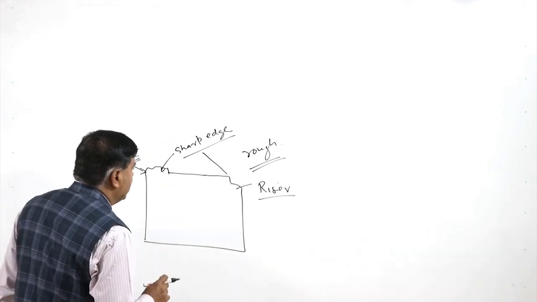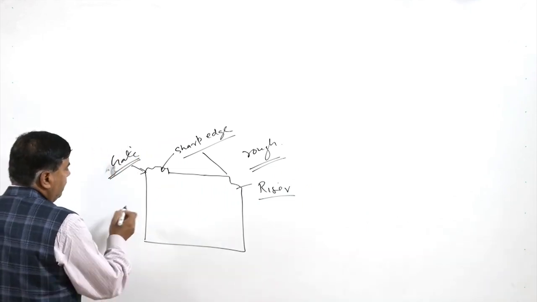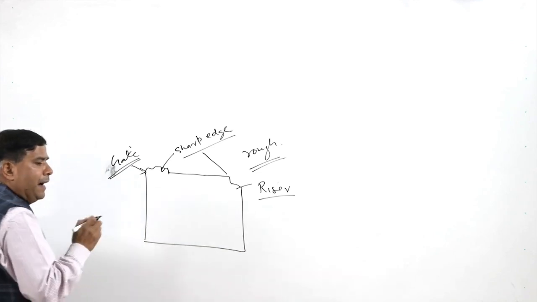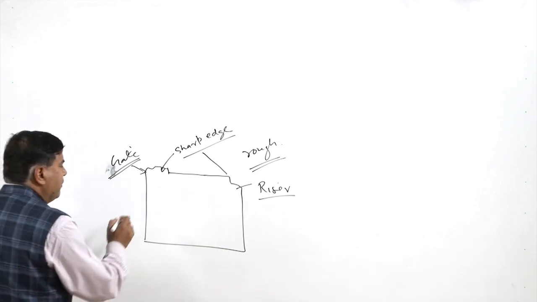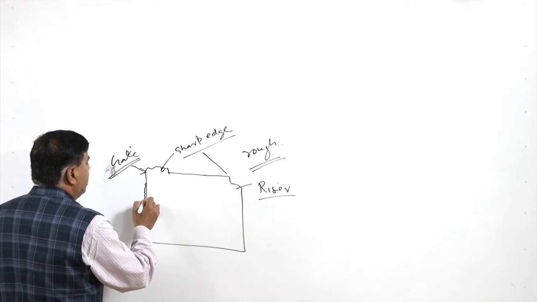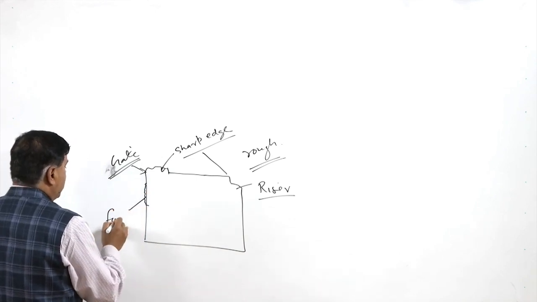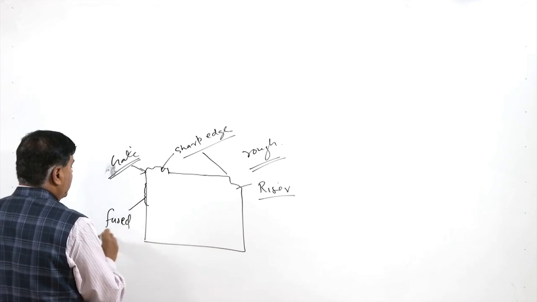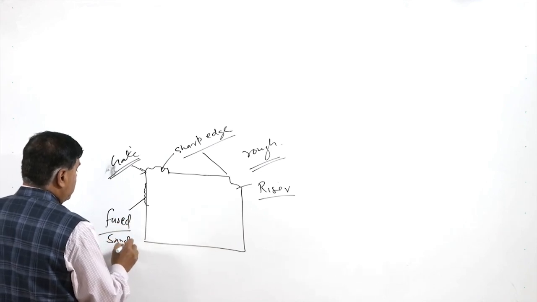Apart from that, if the molding sand has poor refractoriness, then it will melt and fuse. So, some of the fused sand may also get attached with the casting. So, this fused sand also needs to be removed.